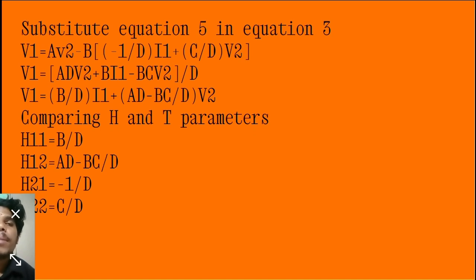Comparing H and T parameters, H11 equals B by D, H12 equals AD minus BC by D, H21 equals minus 1 by D, H22 equals C by D.